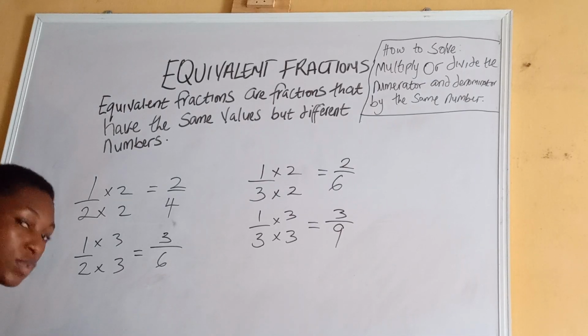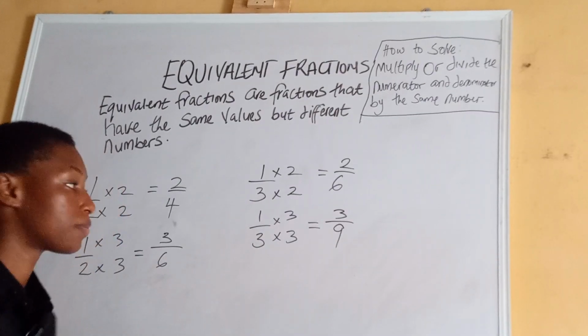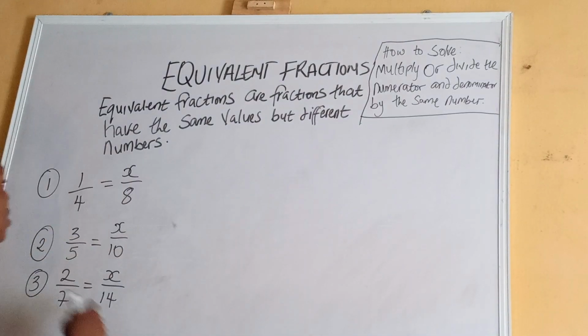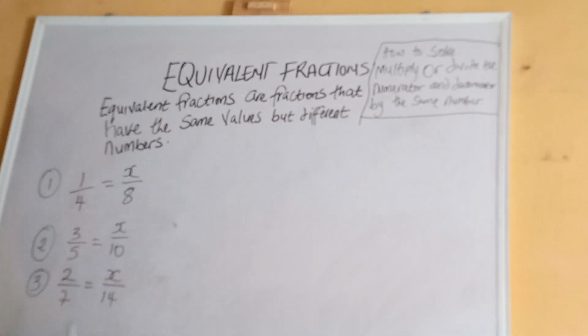Okay, so let's work on some exercises now on equivalent fractions. Over here we have this question: 1 all over 4 equals unknown all over 8. What do you do in this case?